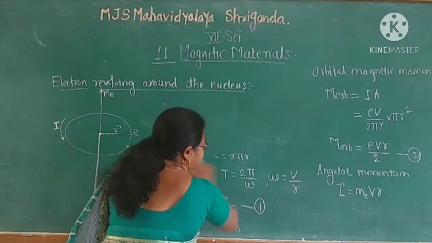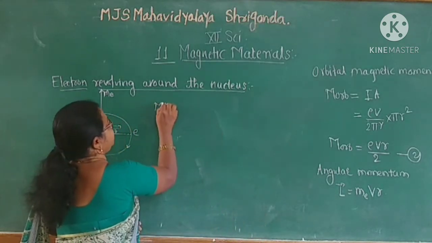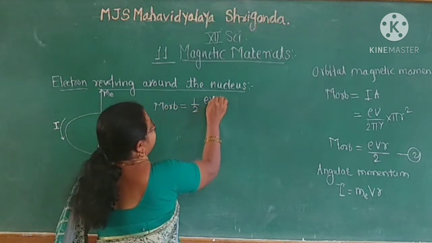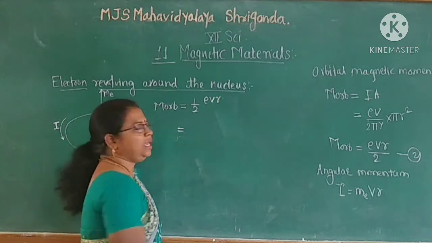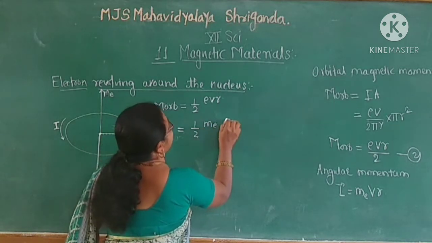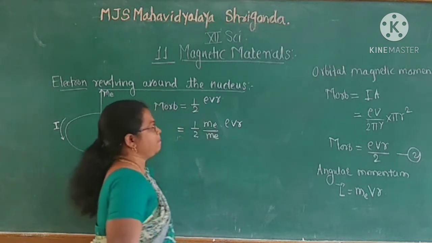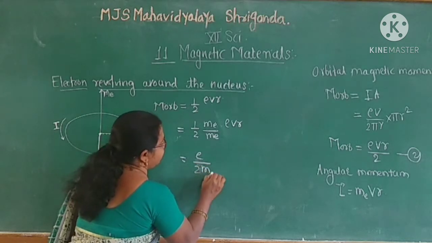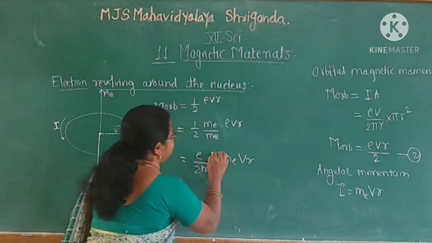Multiplying and dividing by me, therefore 1/2 into EVR divided by me, which is equal to e by 2me into me vr.